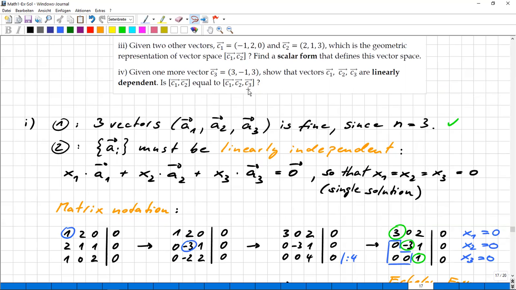What you should understand is that for three vectors to be linearly dependent means that they all lie in the same plane. That's exactly what it means. It means that you can express one of these vectors, arbitrarily one of them, by a linear combination of the others. So you could, for example, also express C3 as a linear combination of C1 and C2.